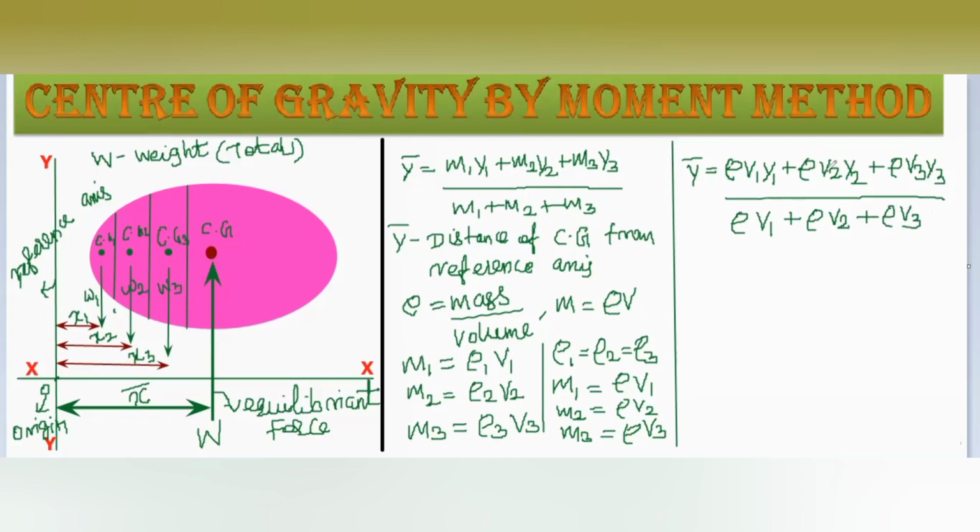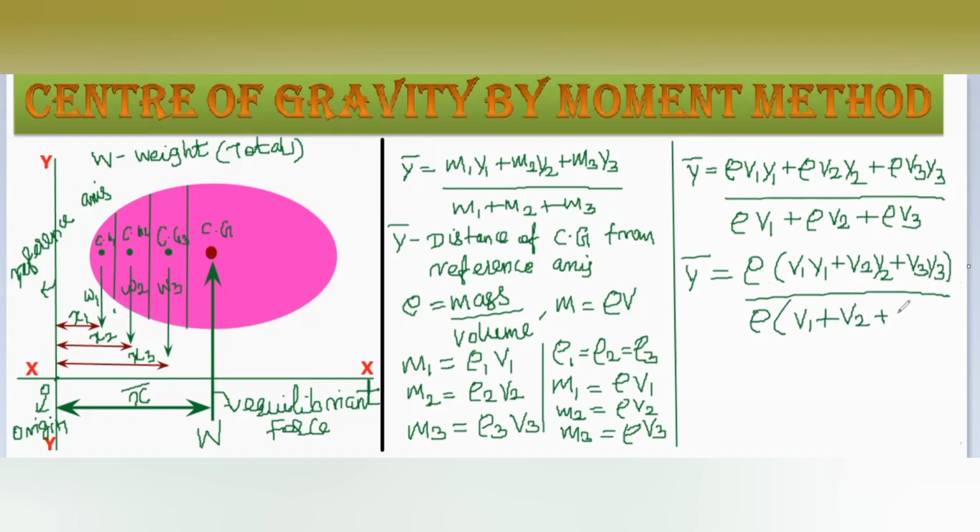In the numerator, in all the terms, rho, the density, is common. So we can take y bar equals rho into V1 Y1 plus V2 Y2 plus V3 Y3, divided by the denominator, where rho is also common, so we can take it out. So we will write V1 plus V2 plus V3. In the numerator we have the value of rho, and in the denominator we also have the value of rho.